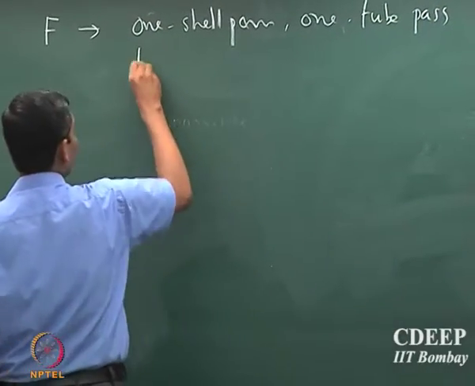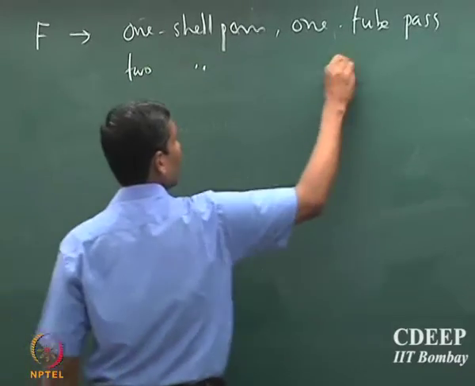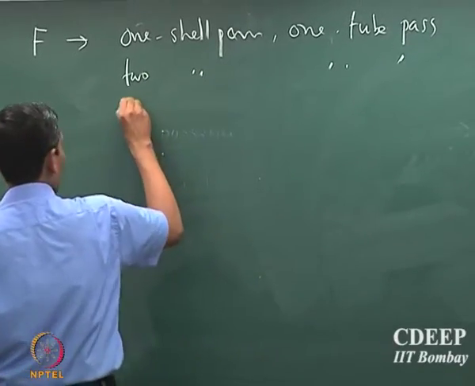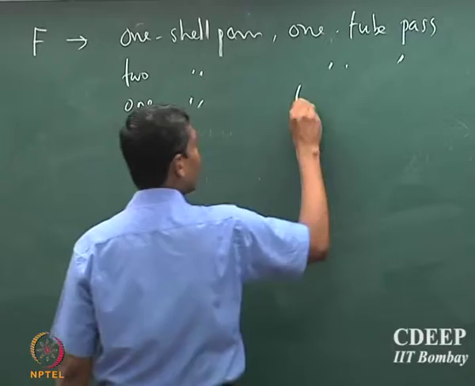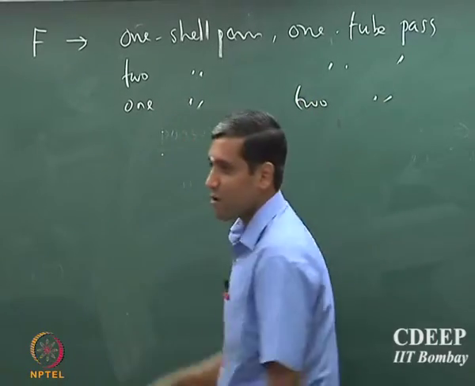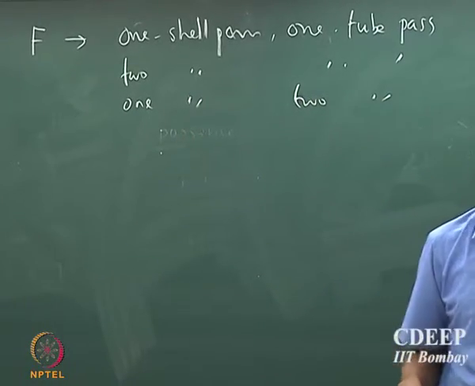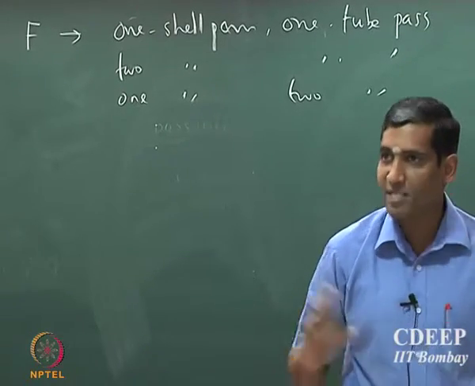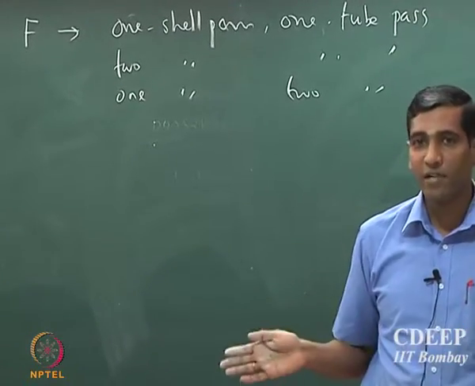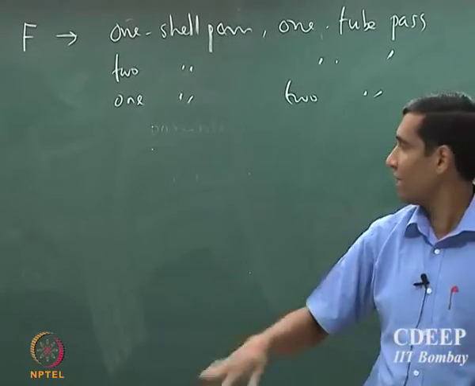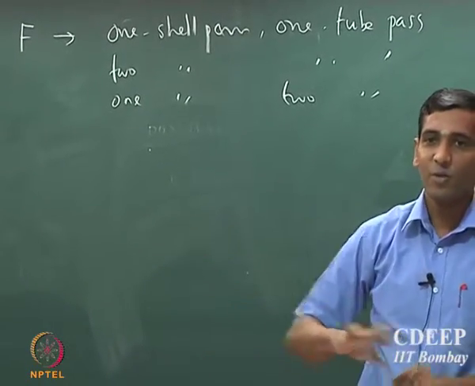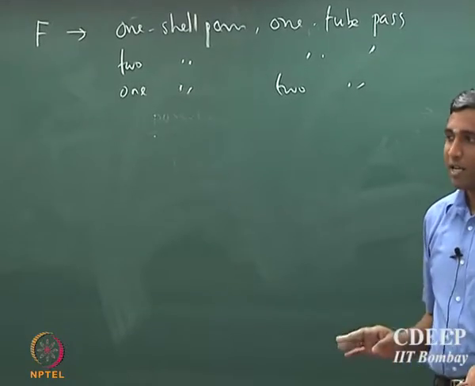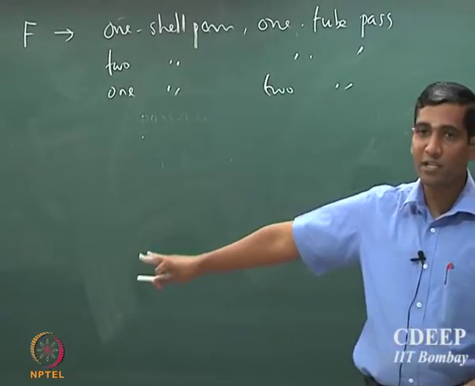It is available for 2 shell passes, 1 tube pass. It is available for 1 shell pass, 2 tube passes. So all kinds of configurations for which this fraction F is available have been worked out, and nice tabular forms and graphs are available. So it is very easy to find these numbers, and it is routinely used in industrial settings.